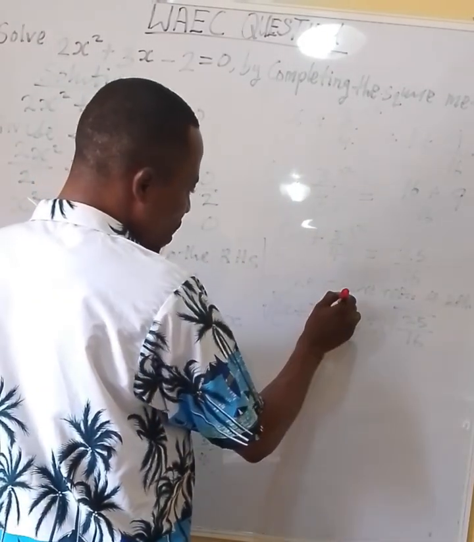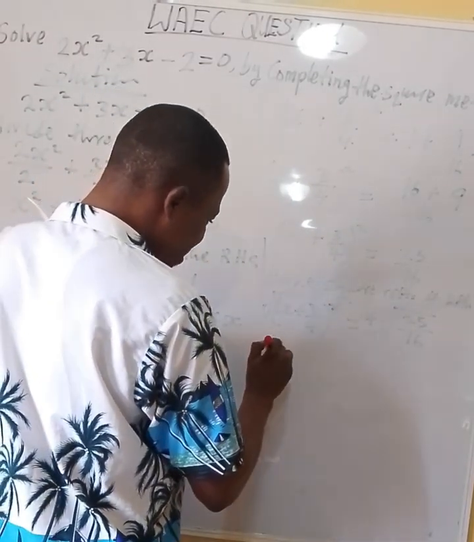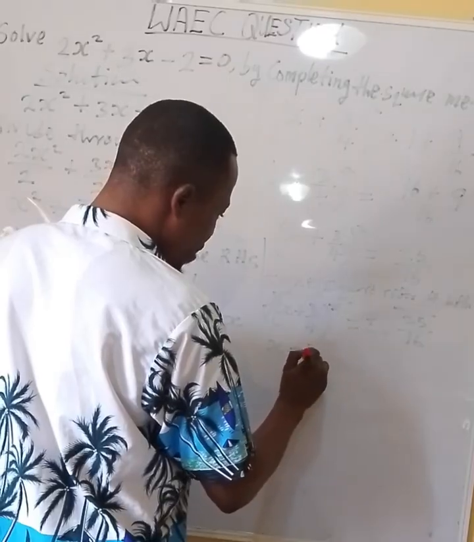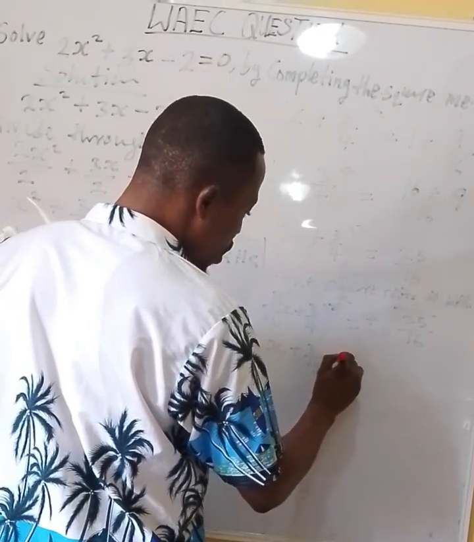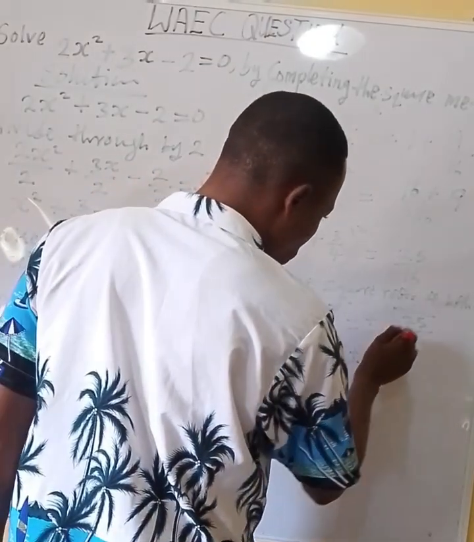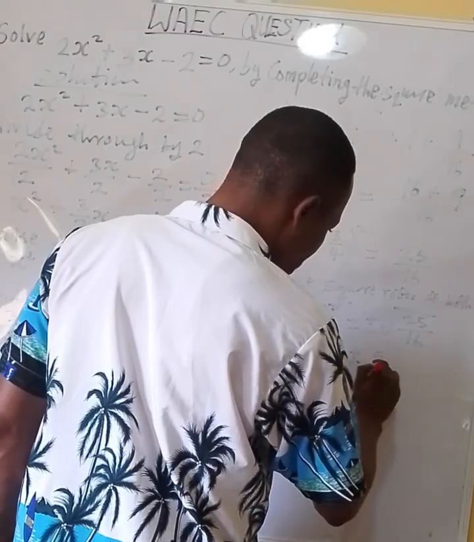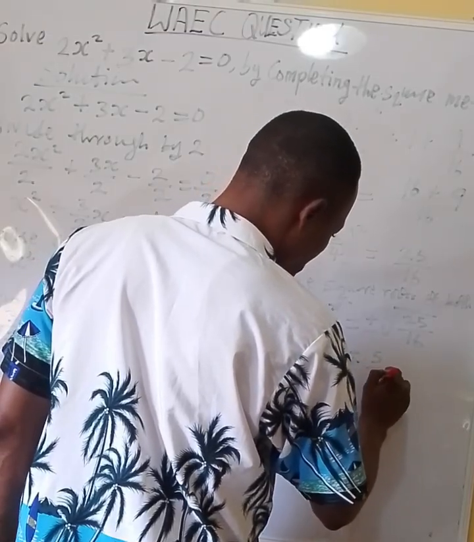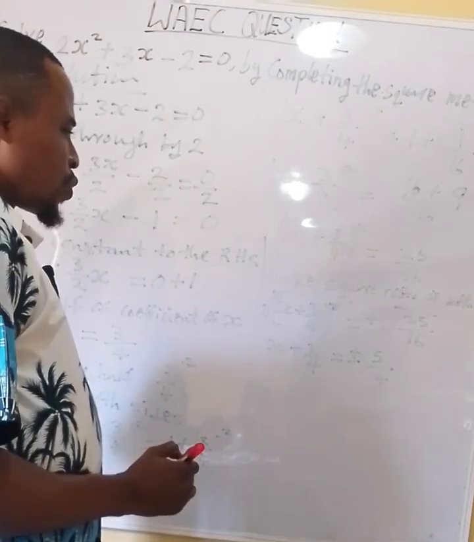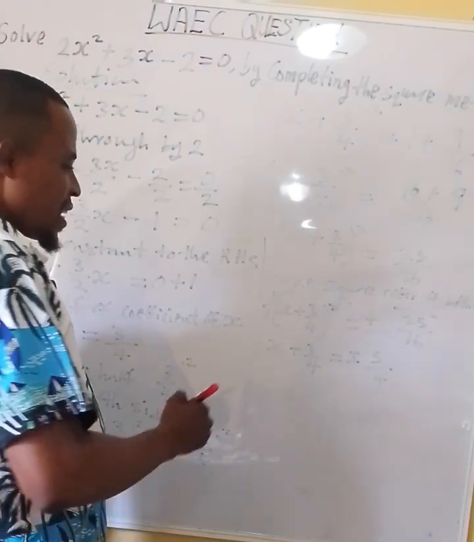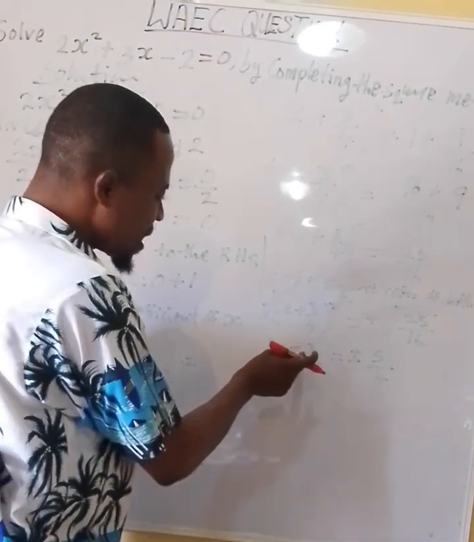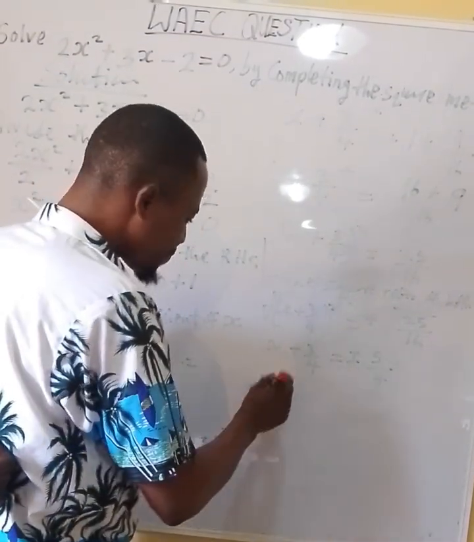So the square root cancels the square. We have x plus 3 over 4 equals plus or minus the square root of 25 is 5, the square root of 16 is 4. Are we together now? So as we now have it like this, we will take 3 over 4 to the other side.